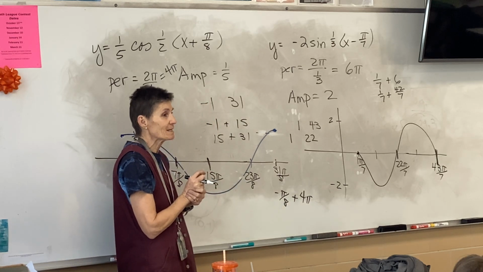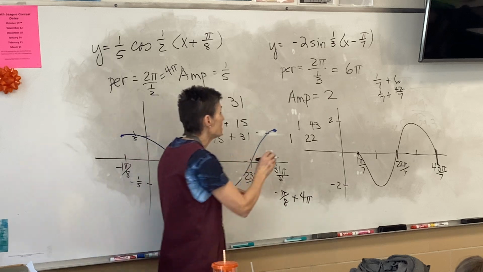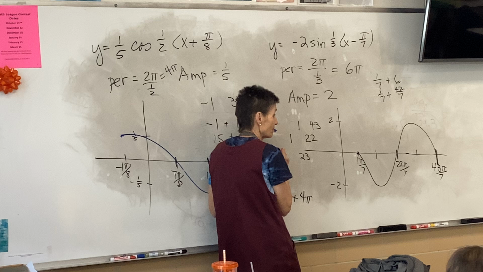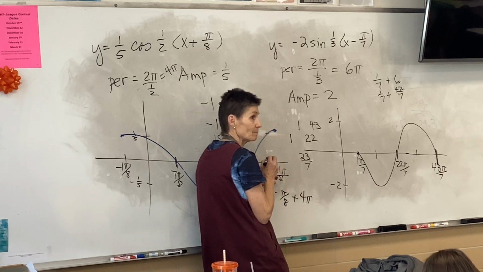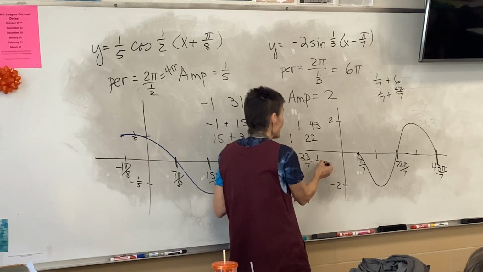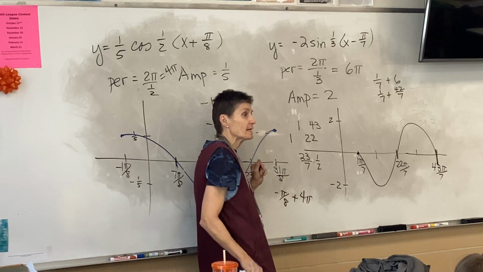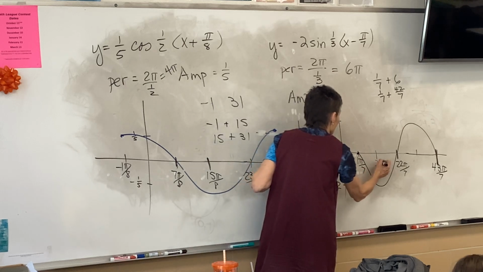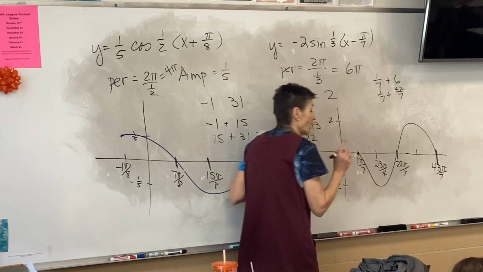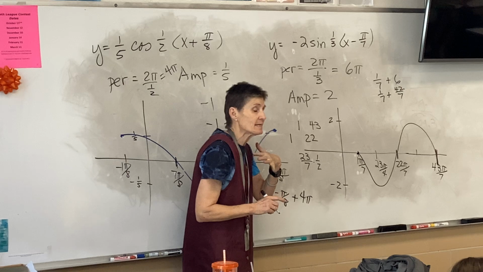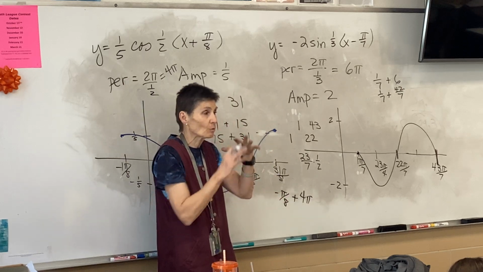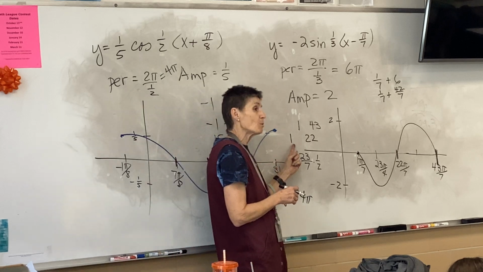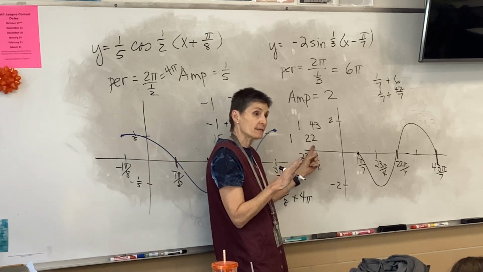Okay, we don't put decimals in there, so here's how we handle it. When you add these together, you get 23 sevenths. When you cut that in half, you actually get 23 over 14. When we're finding the midpoint or the average, we add and divide by 2. Well, when you add these, you get an odd number.